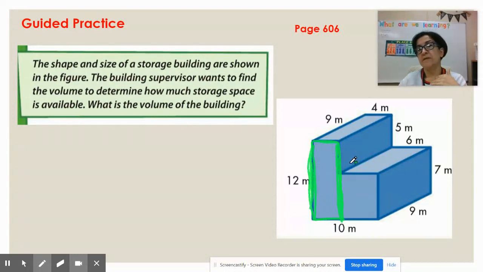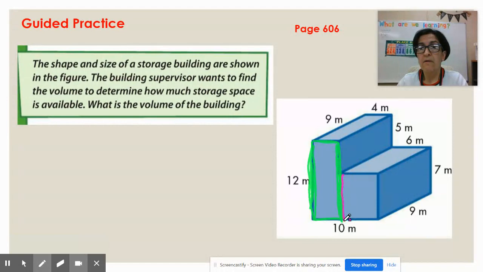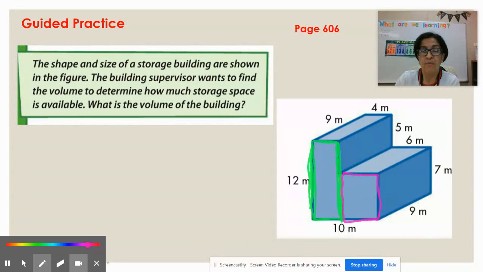Okay, this is the box in the back. And then you have the box in the front. Okay, so you have to do the same thing. Now remember, you split here. Look at this number is going to be split. But let's see if we have all the numbers we need just by looking at this shape.